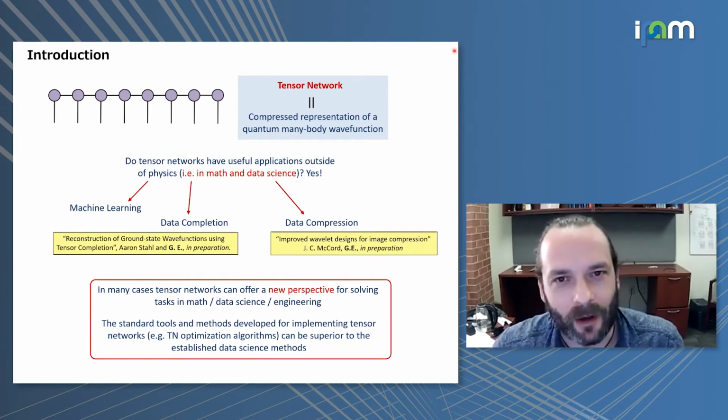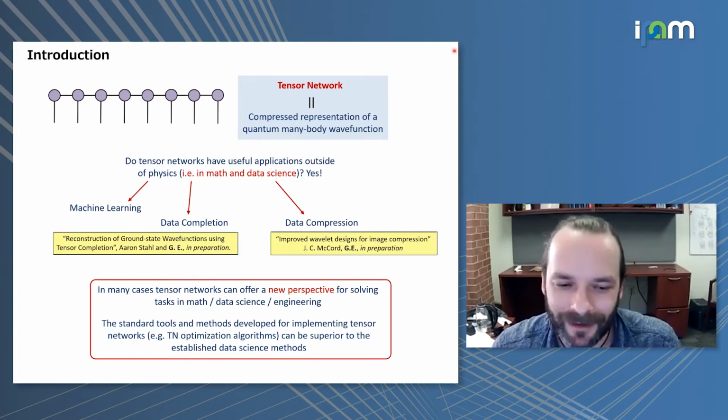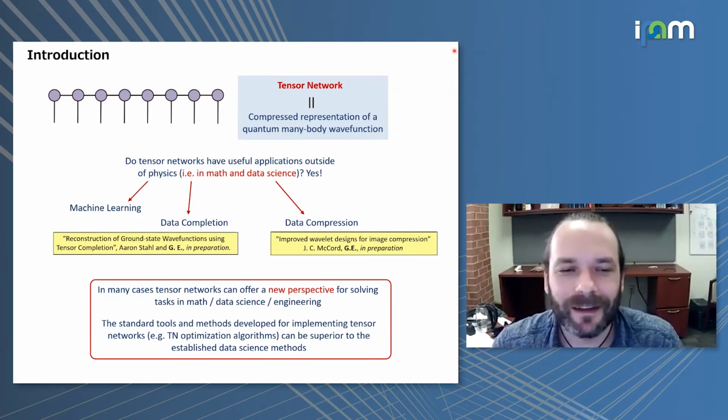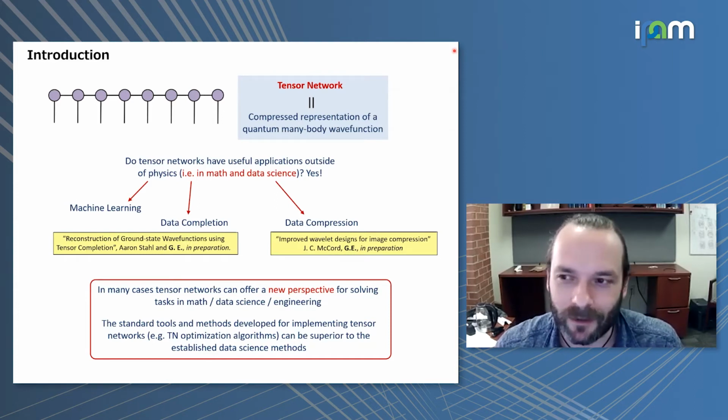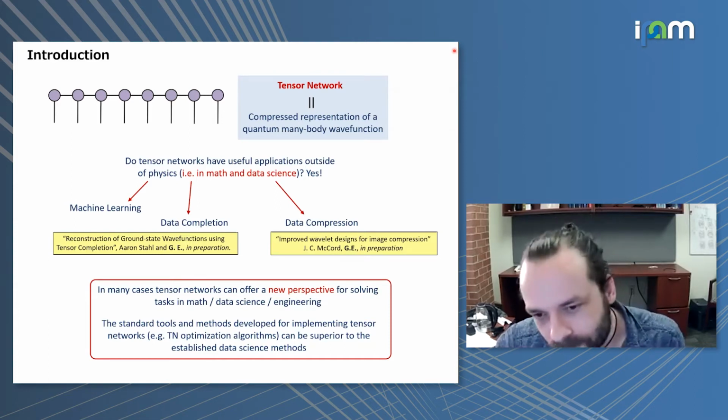Hopefully what I want to express today is that by using the very standard tools we've developed in tensor networks, very familiar to everyone who's worked with them, and taking them to this other setting, wavelets, we can do some really nice things and improve on the state of the art in quite significant ways.